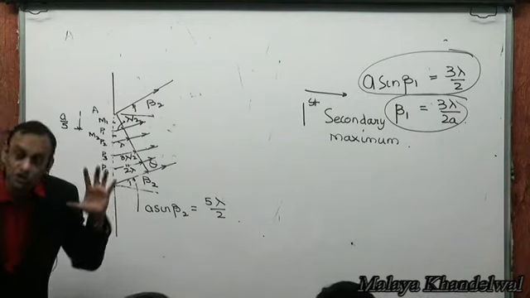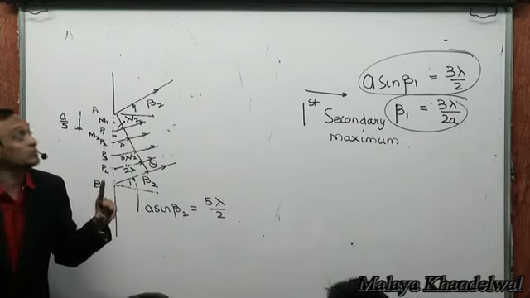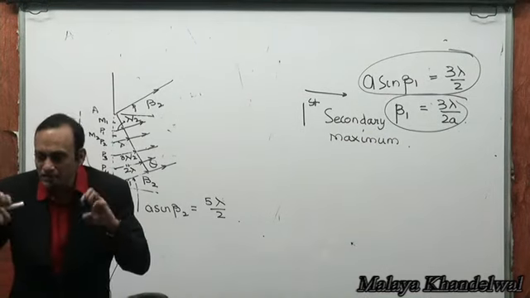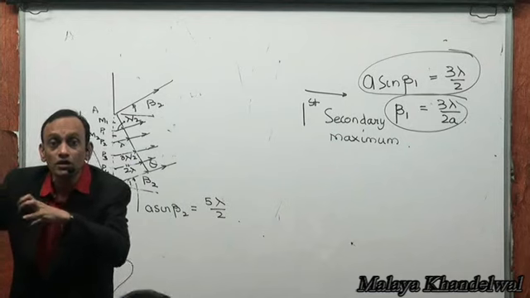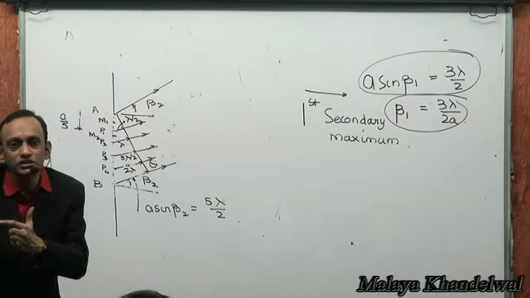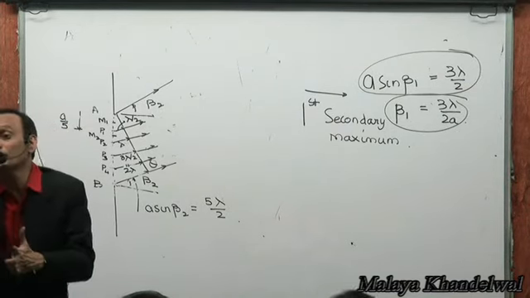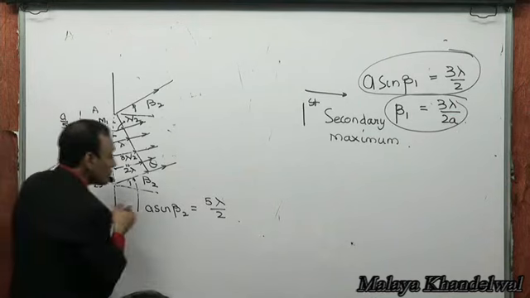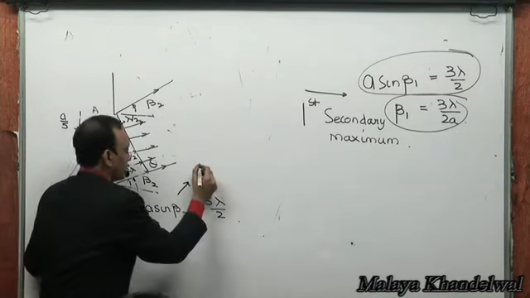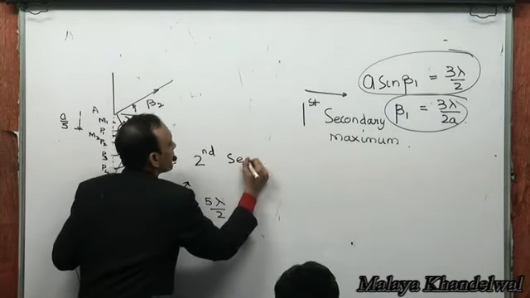So now this still is a maximum, but the intensity at this maximum is less than the intensity at the previous maximum. At the previous maximum, only 1/3 of the energy was reaching. And this time 1/5 of the energy is reaching for illumination of that point P on the screen. So this point is the second secondary maximum. If A sine beta 2 is 5 lambda by 2, then this beta 2 gives me the second secondary maximum.